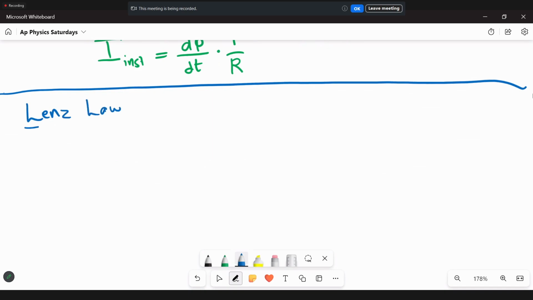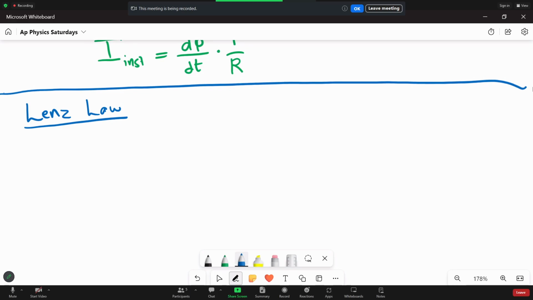Lenz's law. Lenz's law is a little bit challenging to understand. So in Lenz's law, you have to use your brain actively. The reason of Lenz's law is to find the direction of the current.